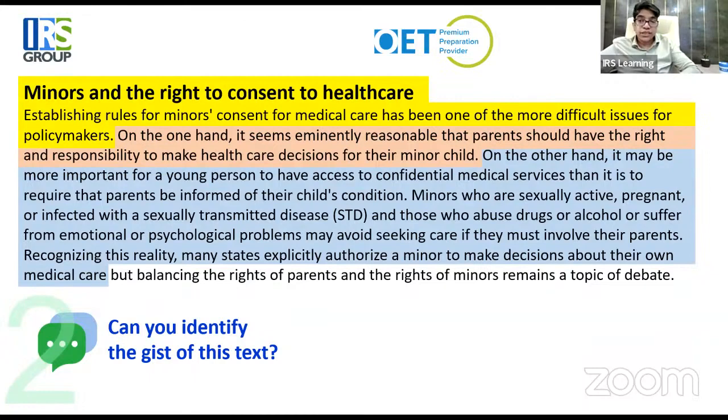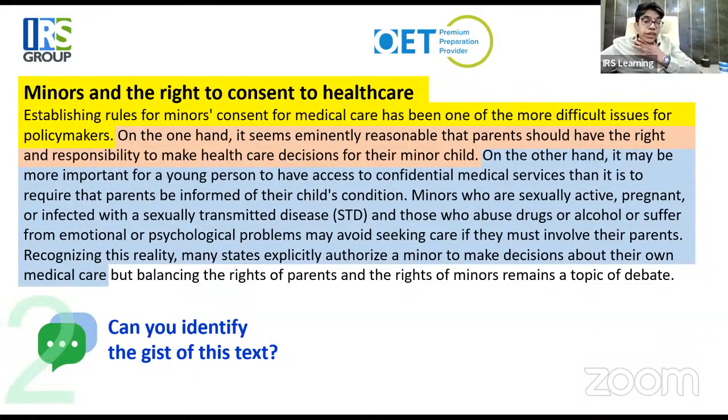So examples are given: minors who are sexually active, pregnant, infected with an STD, those who abuse drugs or alcohol or suffer from emotional or psychological problems. They might wish to get medical help services on their own.